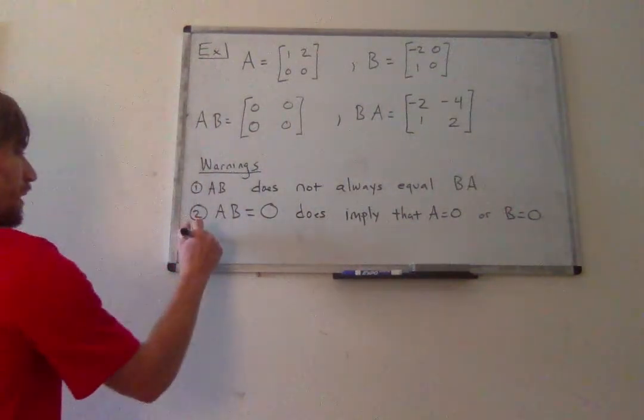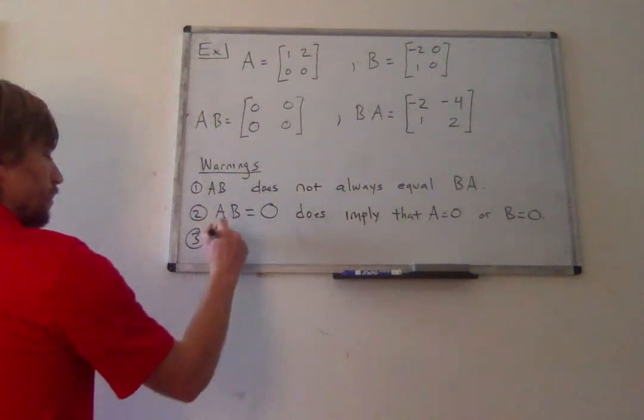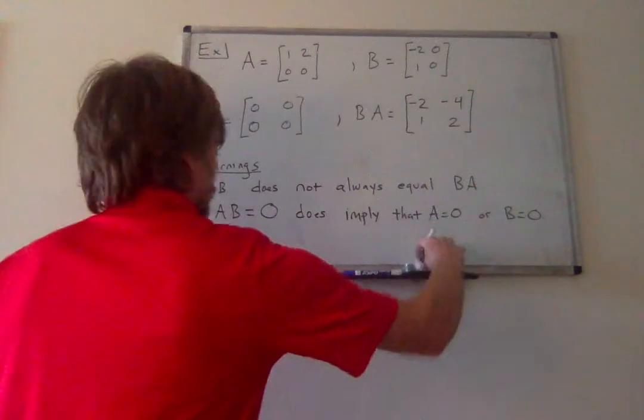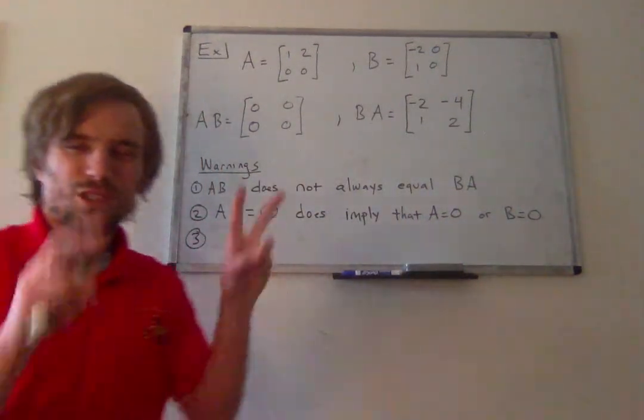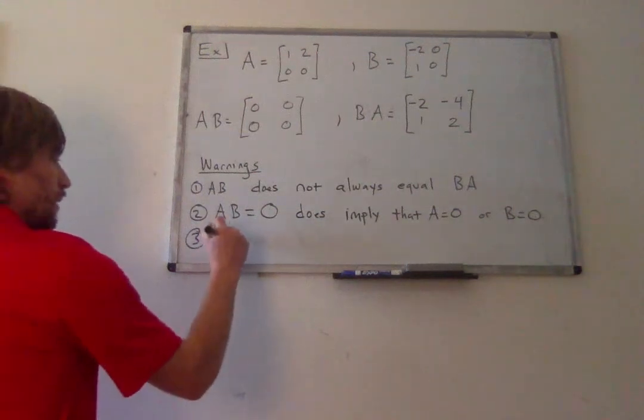And one last property that I didn't get a chance to show an example of: we also can't really divide matrices in the same way, and I'll show you what I mean.